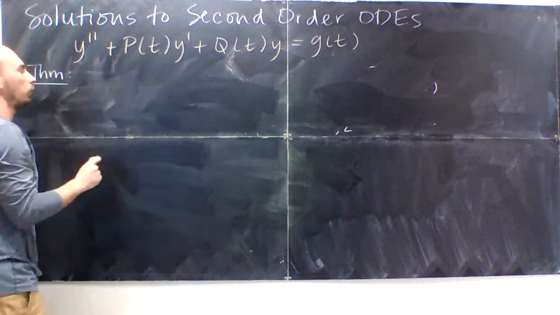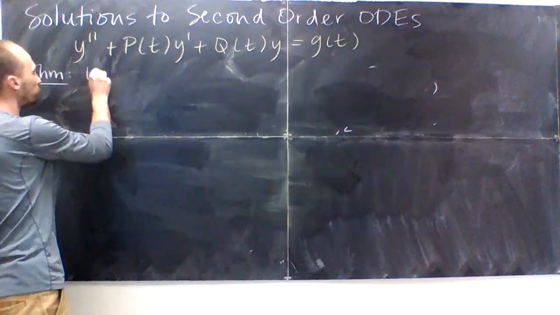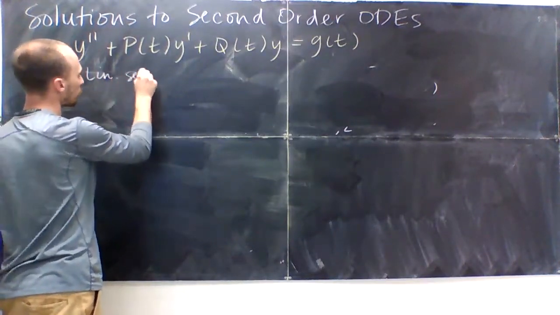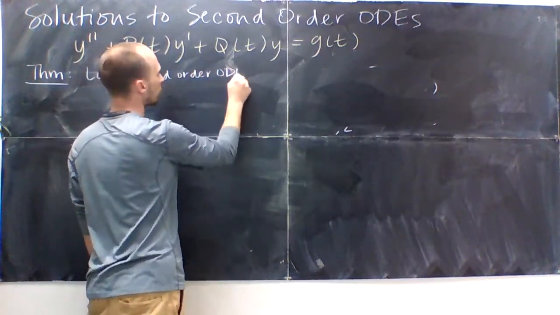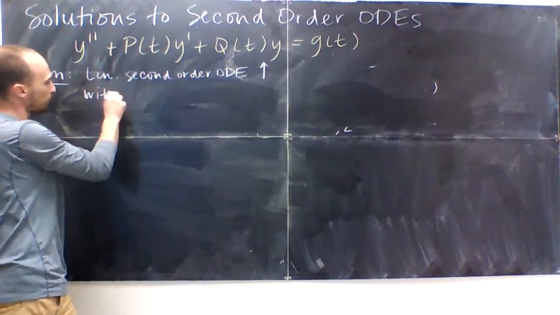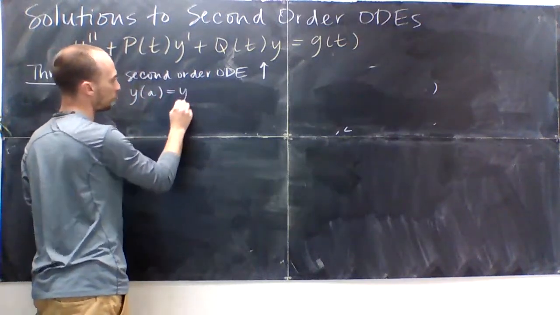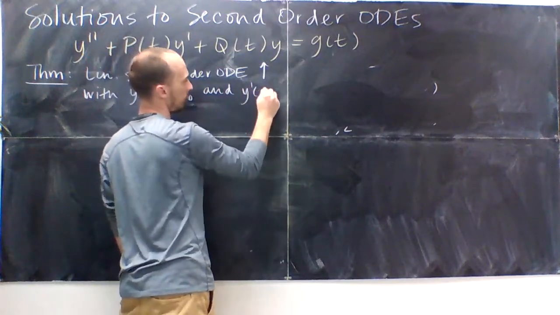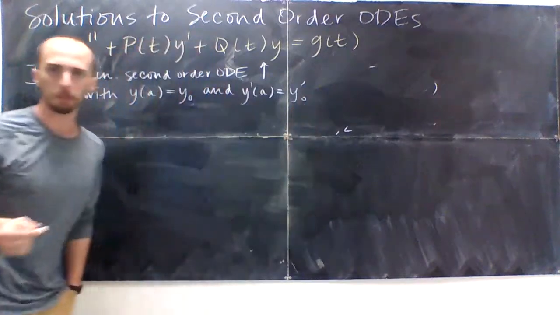For this given differential equation, the linear second order, with an initial condition of that form, let's say y of a is equal to y0, and y prime of a is y prime 0.